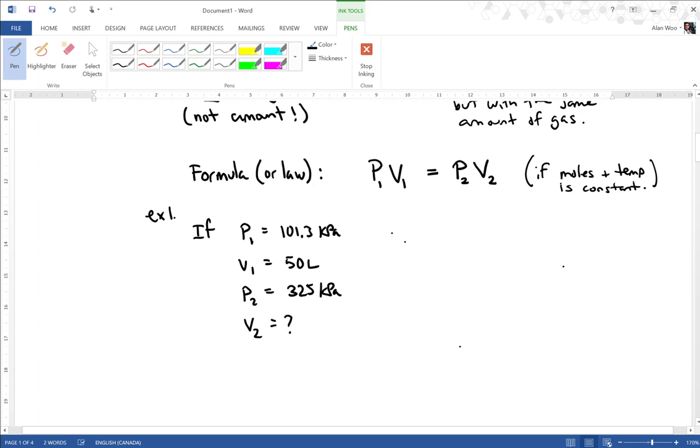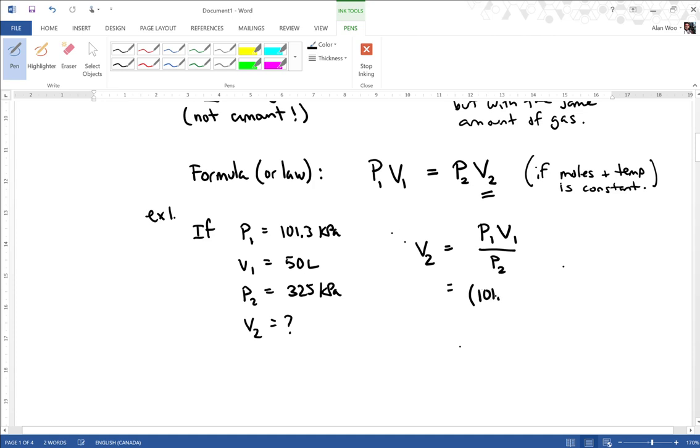Okay, so we're trying to find V2, so we're going to have to isolate it. V2 by itself can exist if you take P1, V1 divided by P2. So we're just rearranging the formula. And once we've rearranged, we just substitute our values.